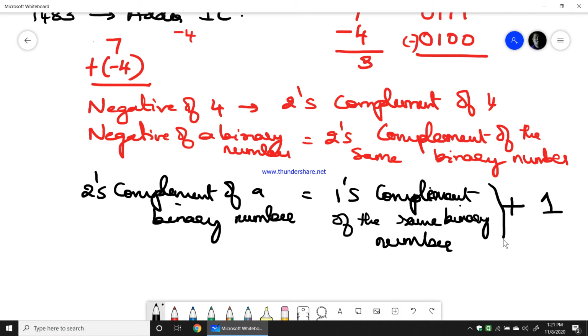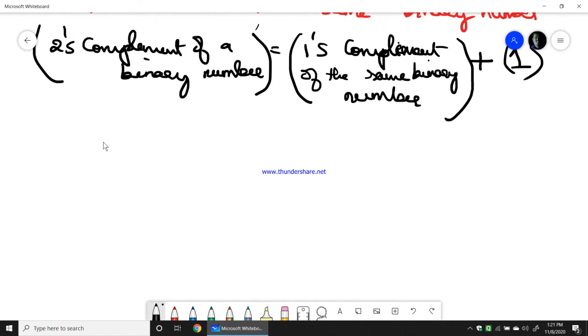So you take the 1's complement of the binary number and add 1, which will give you 2's complement of the binary number. So now let me take the binary number of 4. Binary equivalent of 4 is 0 1 0 0. Now let me take the 2's complement of this, which is 1's complement plus 1. Therefore 1's complement is nothing but the complement of this binary number, which is 1 0 1 1. So the complement of the mentioned binary number will be 1's complement.